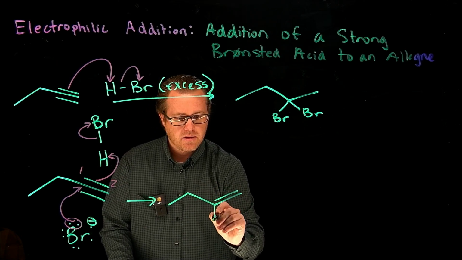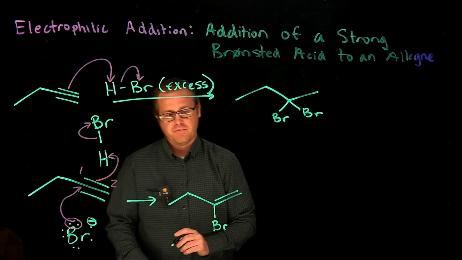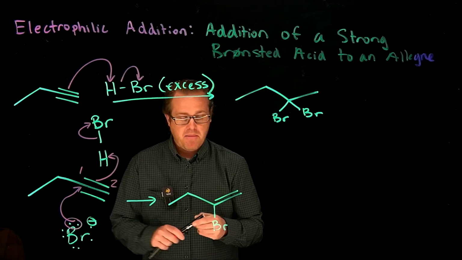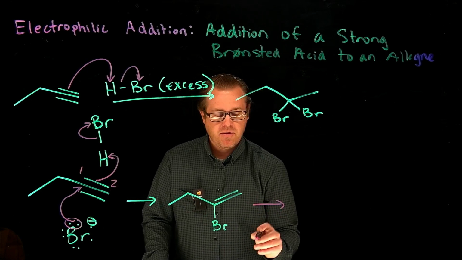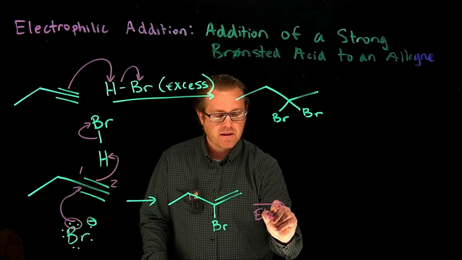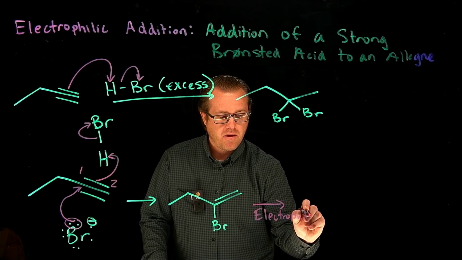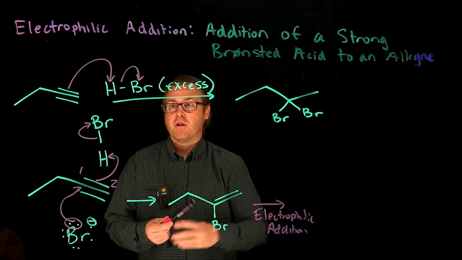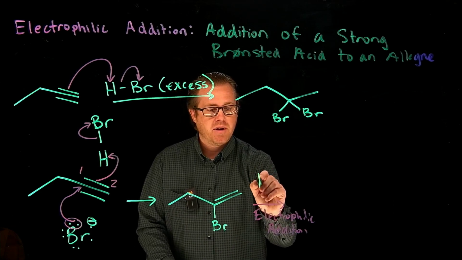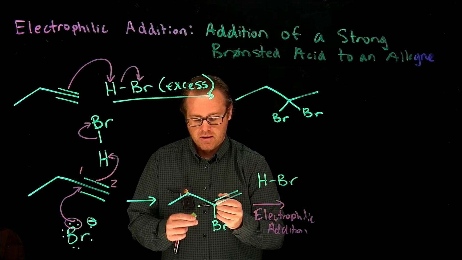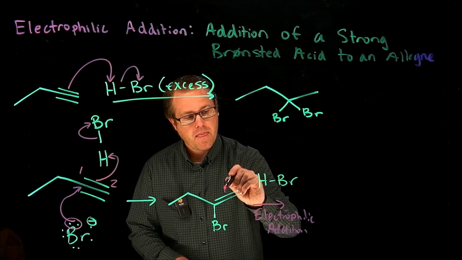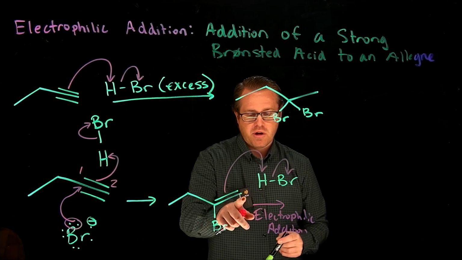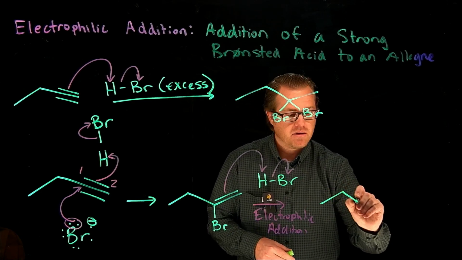And so that's going to give us this right here, like this, Br. Okay. And now we just invoke the same mechanism that we've seen before. We will do our electrophilic addition with another equivalent of HBr, like this. Hydrogen will go to the carbon with the most hydrogens.